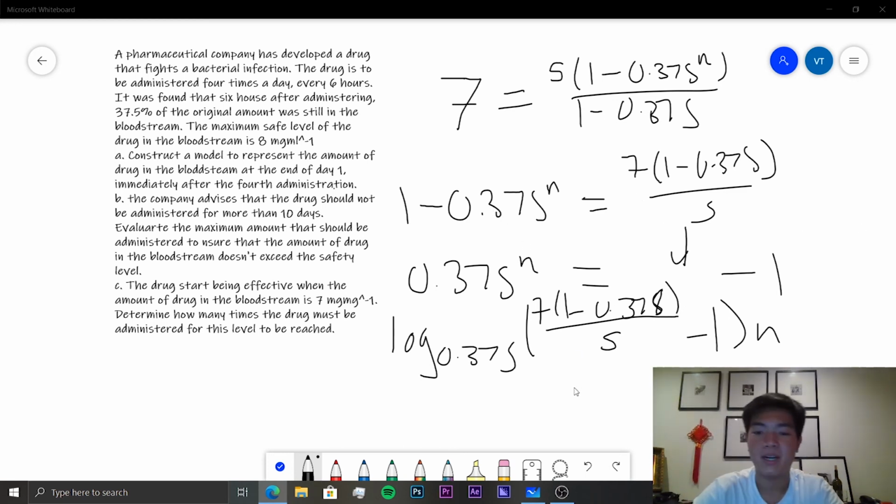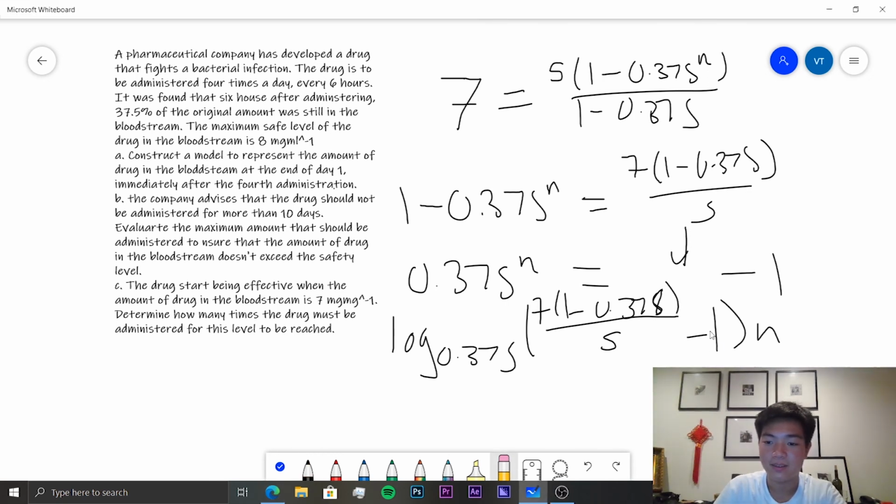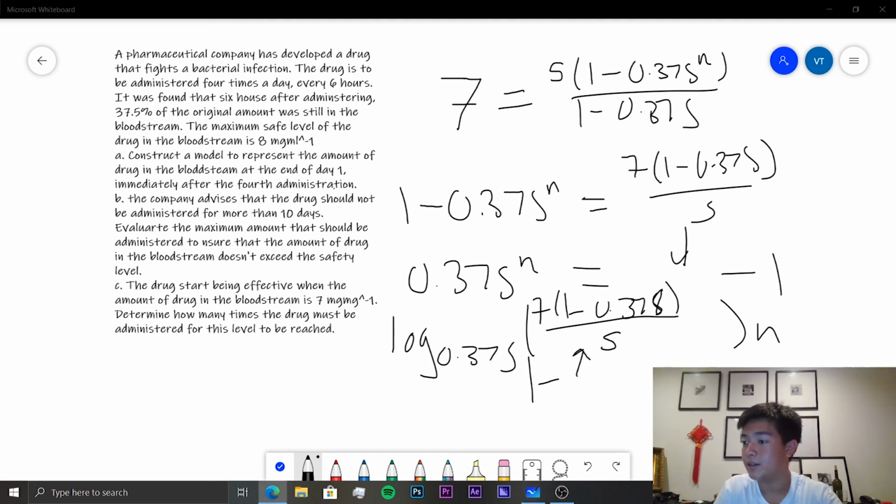Oh, sorry, it's 1 minus this. What am I doing? Sorry, so it should be 1 minus all of that. And let's try again. Sorry about that. So we have log of 1 minus 7 times 1 minus 0.375 divided by 5.